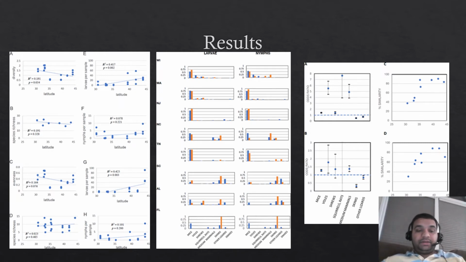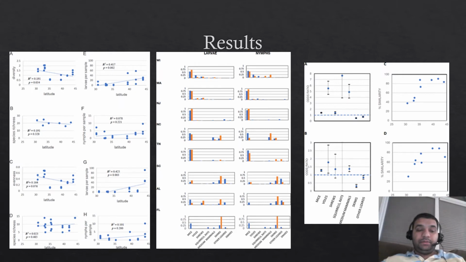Figure 3 is the proportions of the host categories in samples and proportions of ticks collected from hosts in each category. The main thing to get from this figure is, if you look down at the bottom, you're going to see all of the different types of potential reservoir hosts that they were looking into, and how many larvae and nymphs are on them.